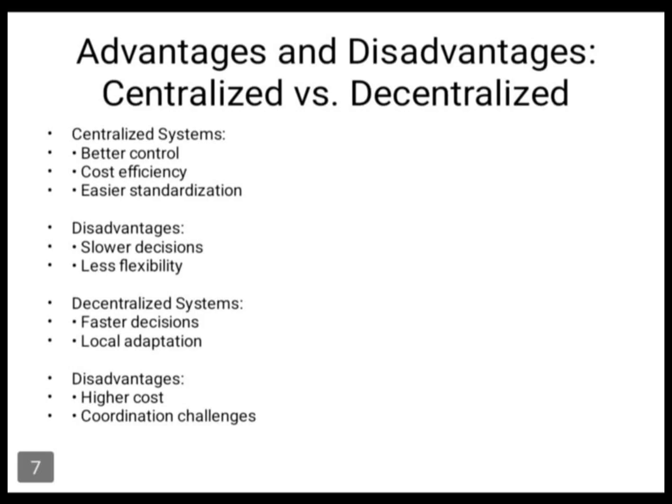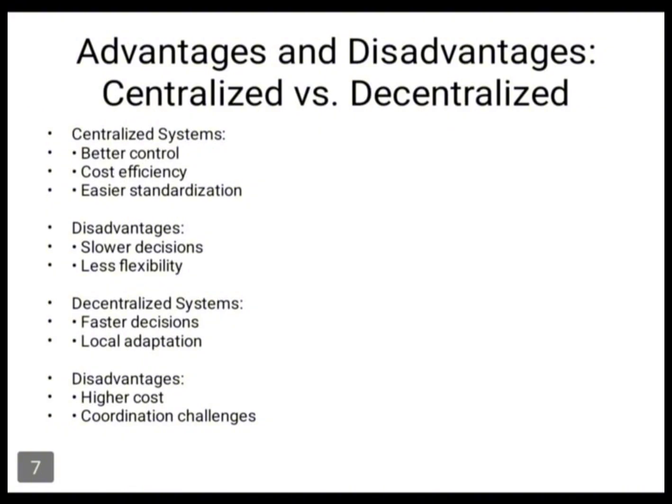Second, cost efficiency, where bulk purchasing and centralized management reduce cost. Third is easier standardization of policies, where policies and procedures are uniform across all branches. So next is disadvantages. The first is slower decision making.